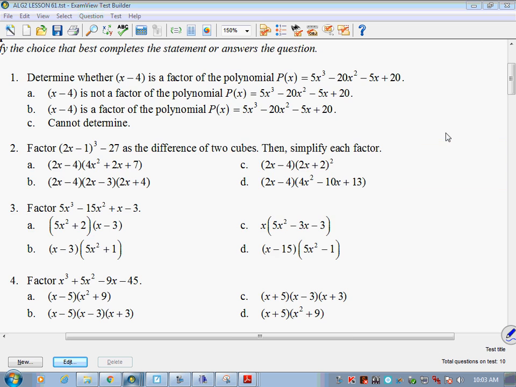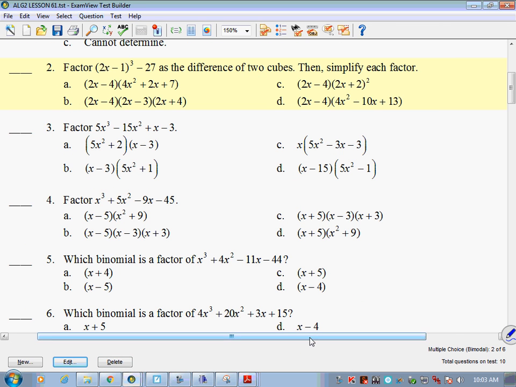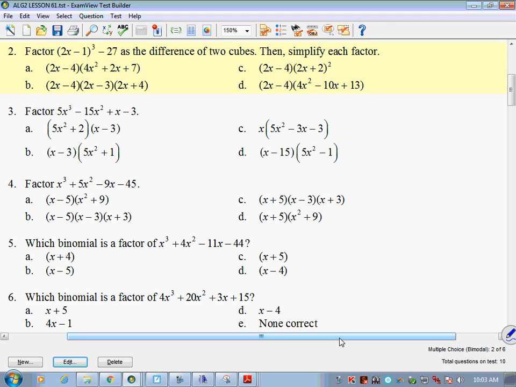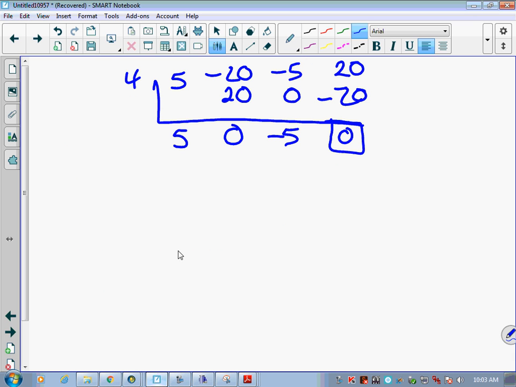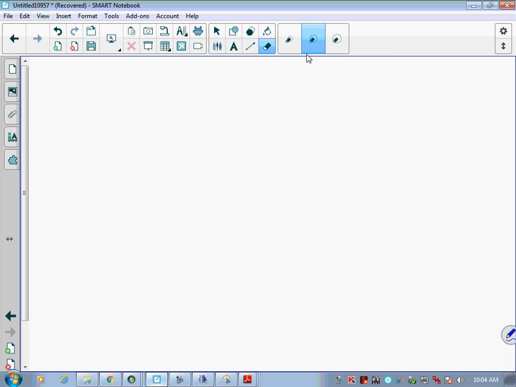All right. Number 2. Number 2 says this is the difference of 2 cubes. Simplify each factor. All right, so we have this pulled up. I'm going to go over to that other page. Let's clear this out and get our marker back.